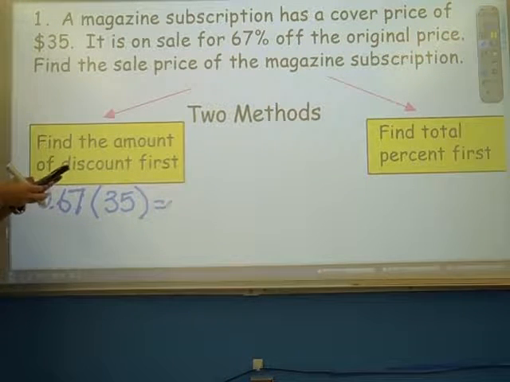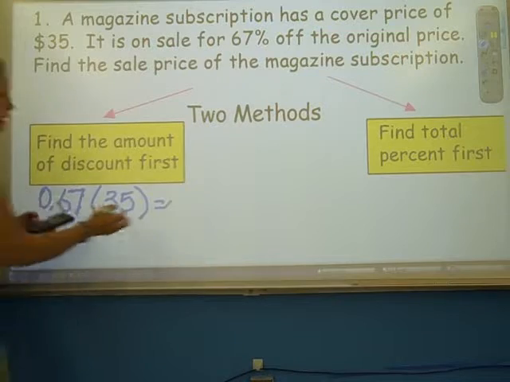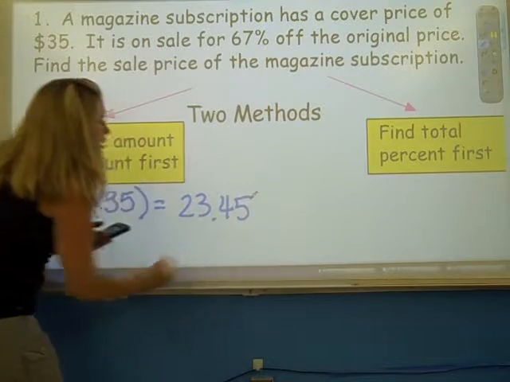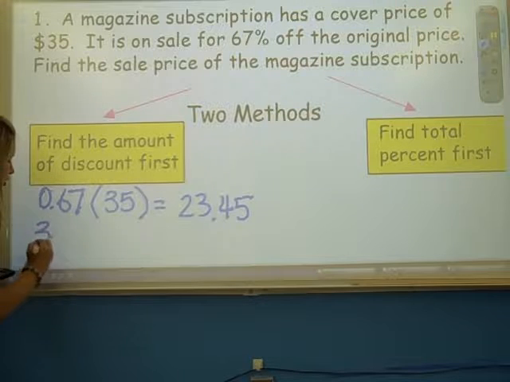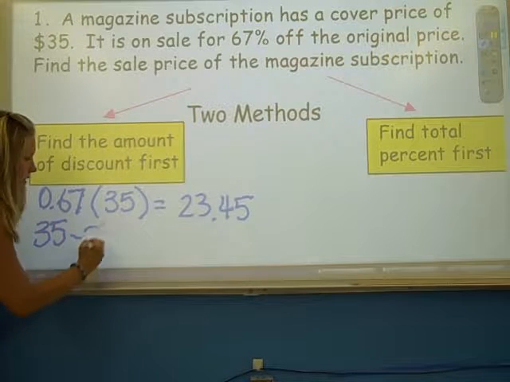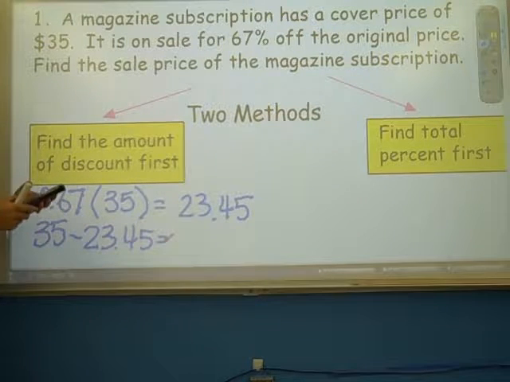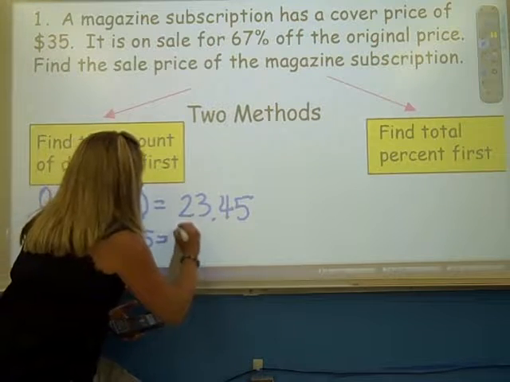So 0.67 times 35, I get $23.45. Now I'm going to subtract to figure out how much I have left to pay, because I don't have to pay the $23.45. 35 minus my answer, I get $11.55.